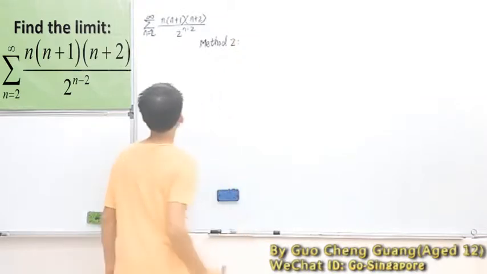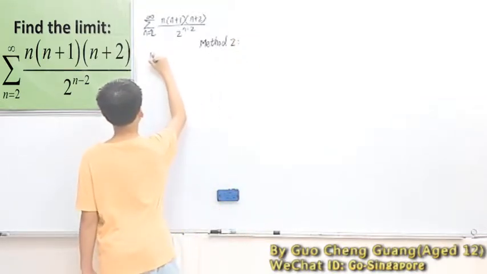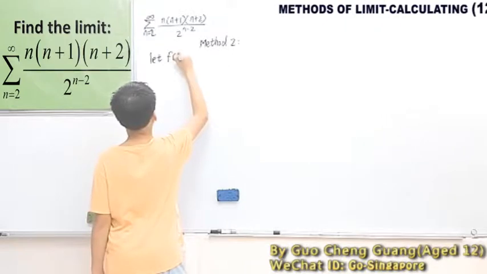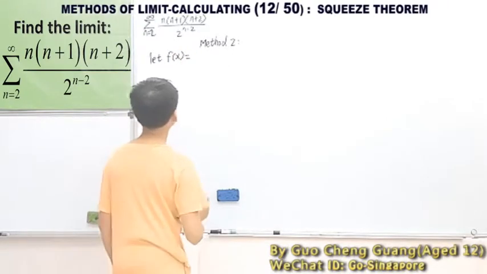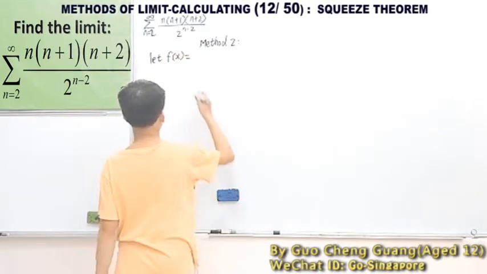Method 2. So what do we need? Still a net. 2, I don't want to care about that.